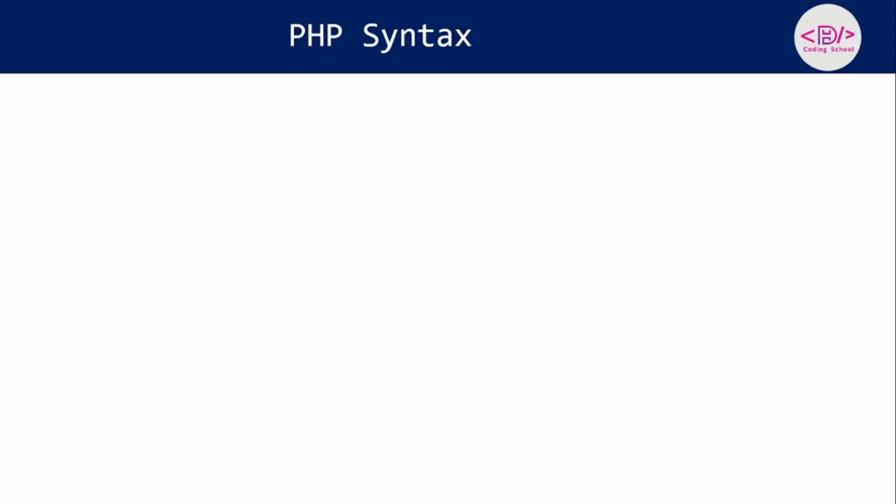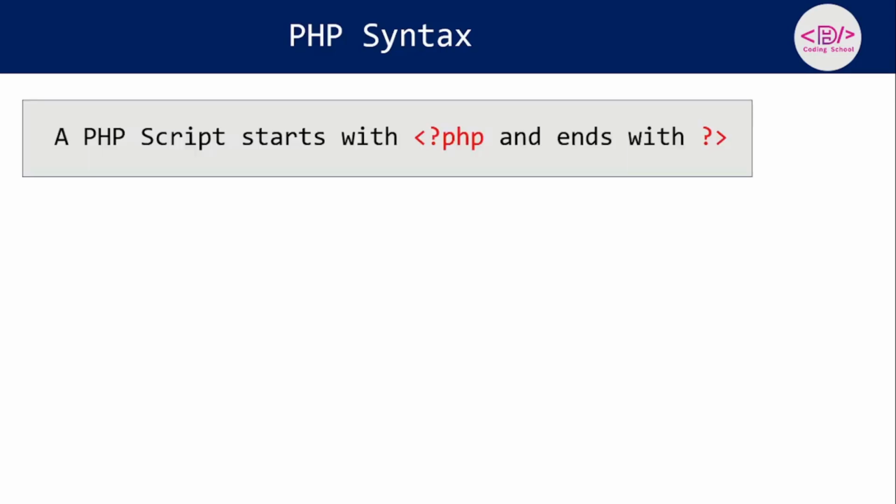Okay, so we have talked so much here. Let's start getting closer to writing our first application in PHP. So the first thing is understanding how a PHP script looks like, or how PHP code looks like at this point.